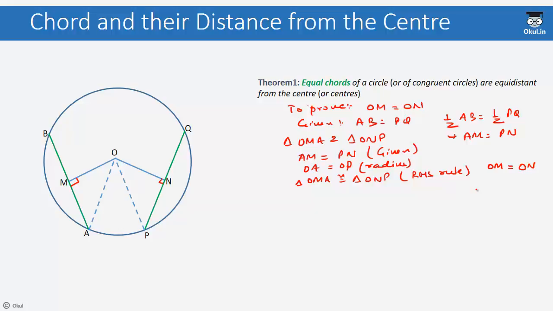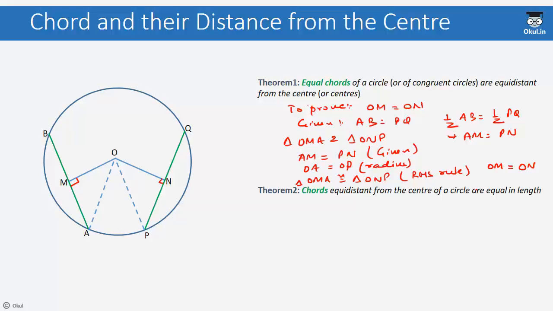Now let us move on to theorem 2, which is quite opposite to theorem 1. Theorem 2 states that chords equidistant from the center of a circle are equal in length.